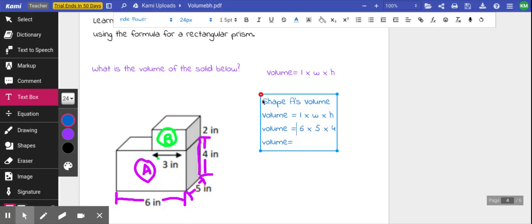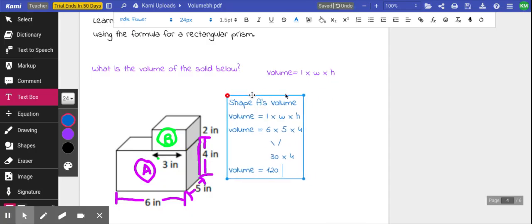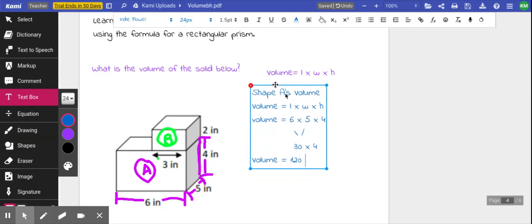We know 6 times 5 is 30. And then we could do 30 times 4. And we know 30 times 4 gives us 120. So the volume for shape A is 120 cubic inches. And we'll mark that in.